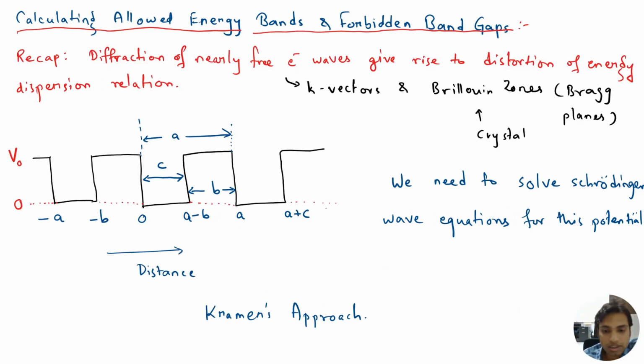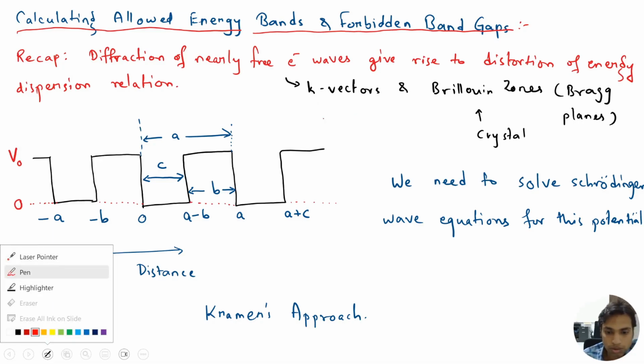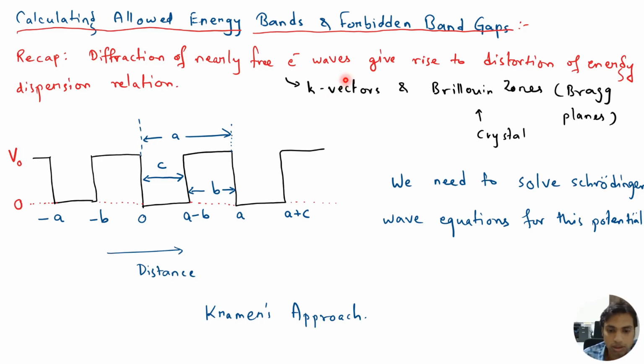We saw that the k vectors associated with the electron waves, when one end of it touches the Brillouin zones and the Bragg planes, gave rise to diffraction, and that gave the distortion in the energy.